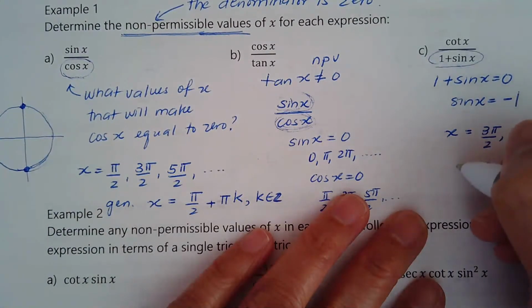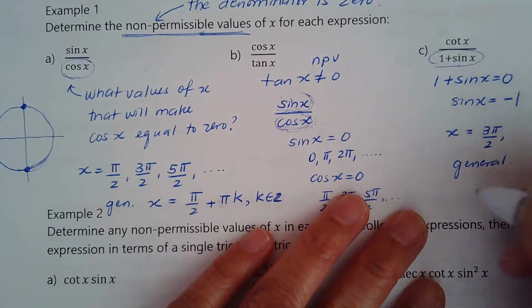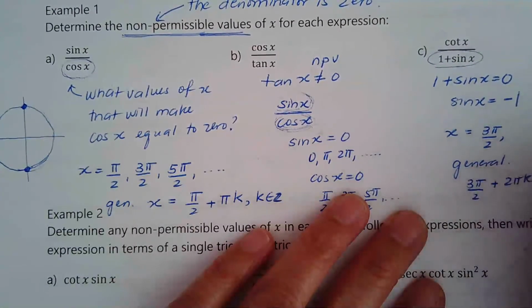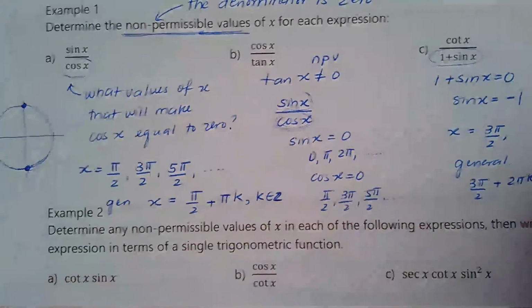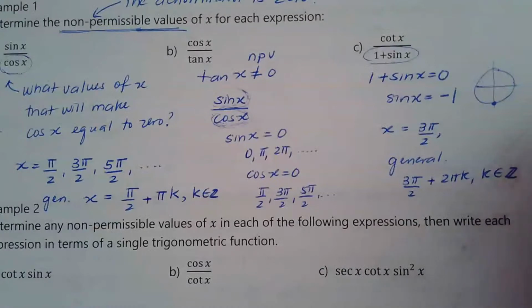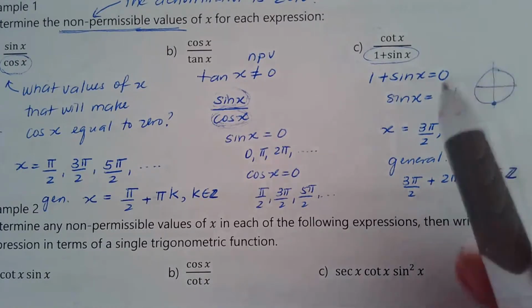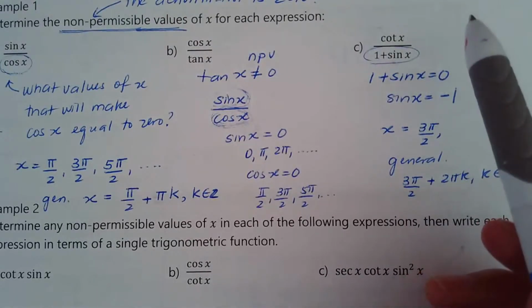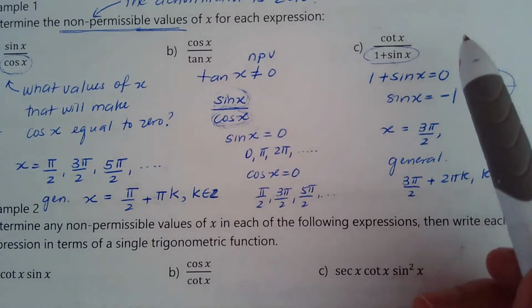So the general solution would be 3 pi halves plus 2 pi k, where k is an element of the integers. So looking at the non-permissible value, the other thing in this particular case is we're going to look for where there is a denominator.